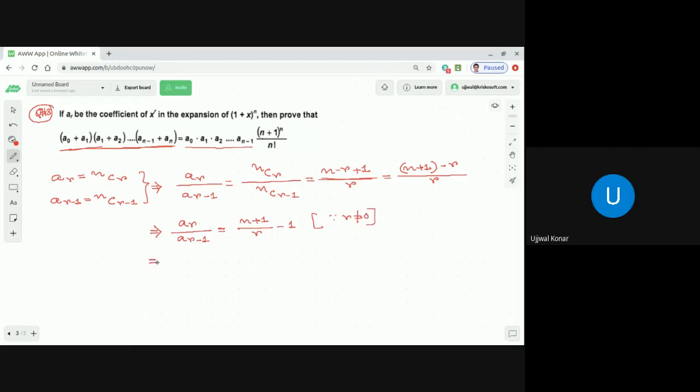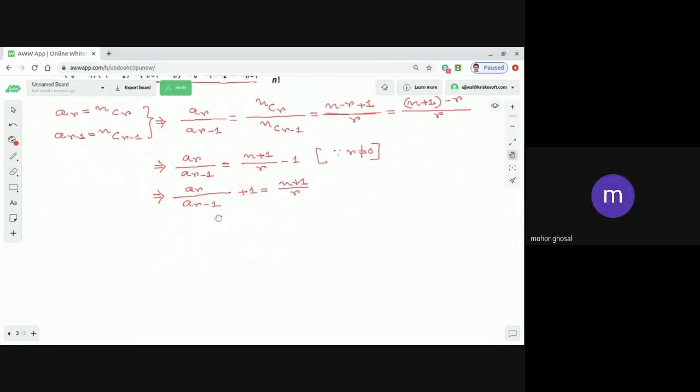So from here, AR by AR minus 1 plus 1 is equal to n plus 1 by r. Correct or not? So this implies AR plus AR minus 1 divided by AR minus 1 is equal to n plus 1 by r. And this is a very strategic point.